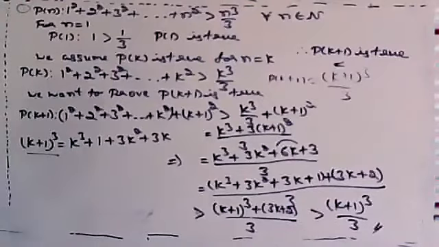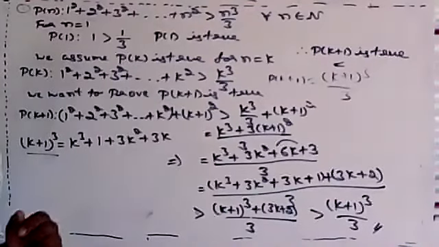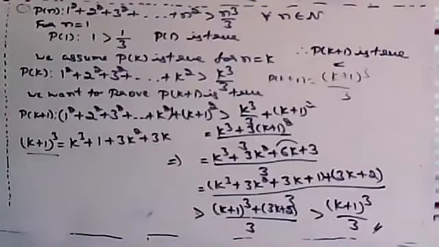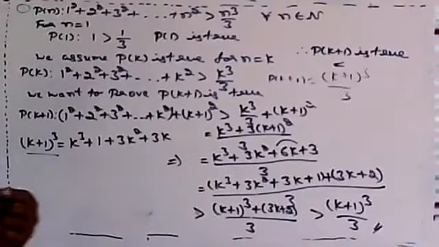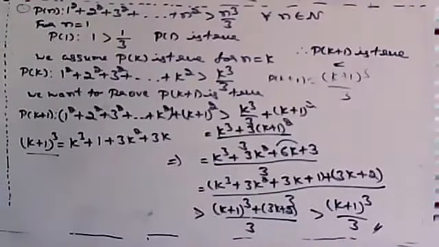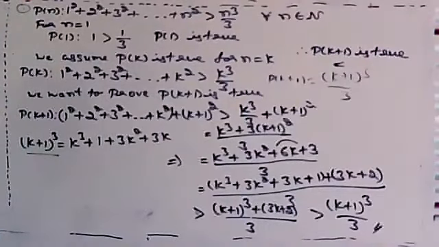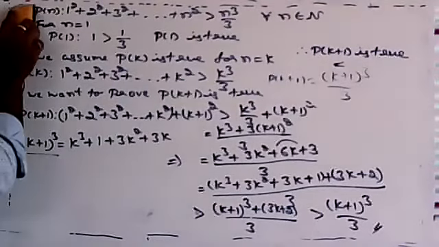Okay, like this you have to rearrange that one. Any doubt on this one? Therefore, P of k plus 1 is true. Okay. In the same way, we'll move on to the next one.